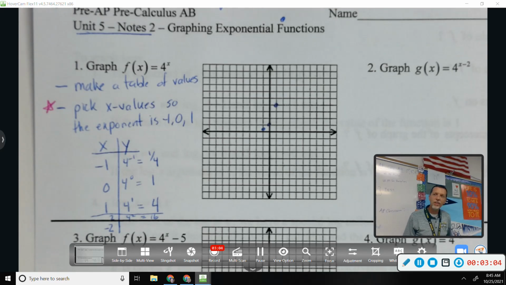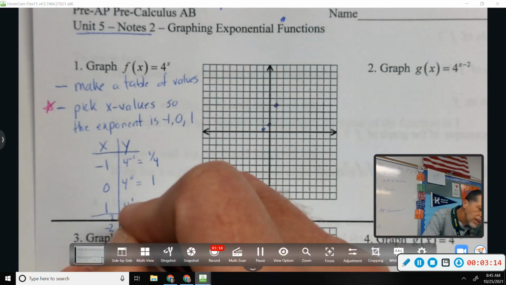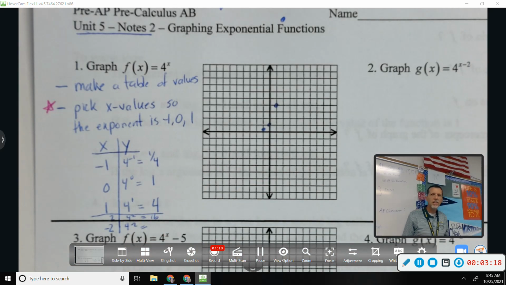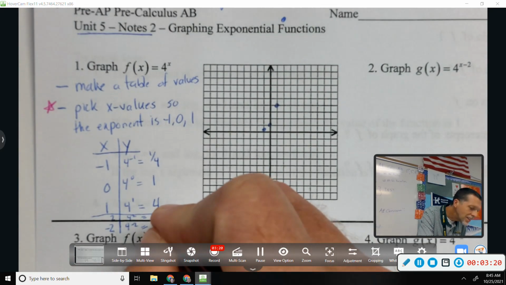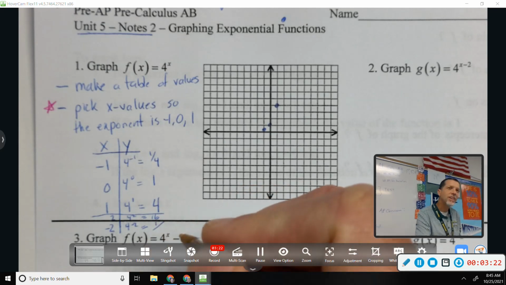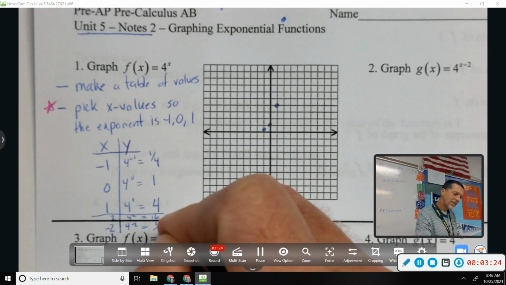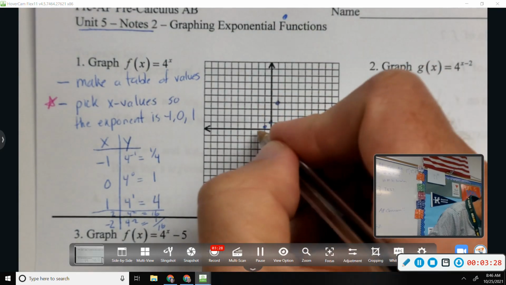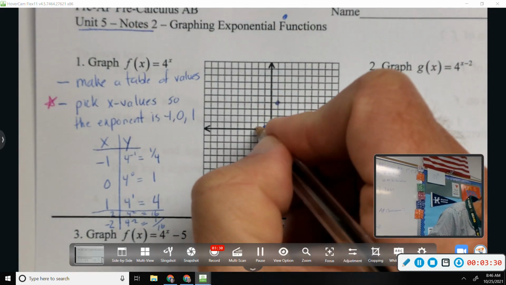How about at x equals 3? If we went one more, it'd be 64. So that's way, way off the graph. All right, how about 4 to the -2? That would be 1/16. Although the difference between 1/8 and 1/16 on this graph would be nothing, you couldn't tell.